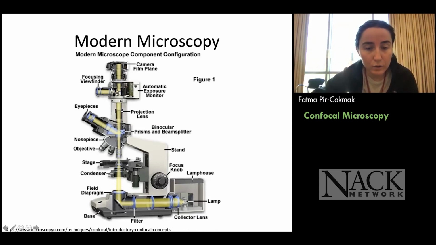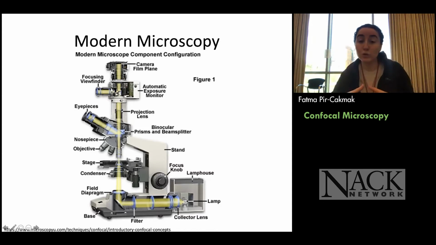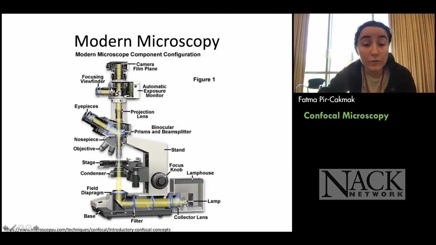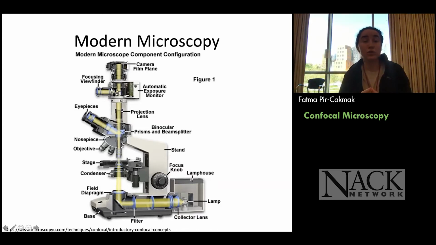These are the condenser, which just condenses the light, and the filter diaphragm, which helps you choose how much light you want. You can have different filters and a collector lens, and you can use a lamp house, or these days they use lasers as a light source.